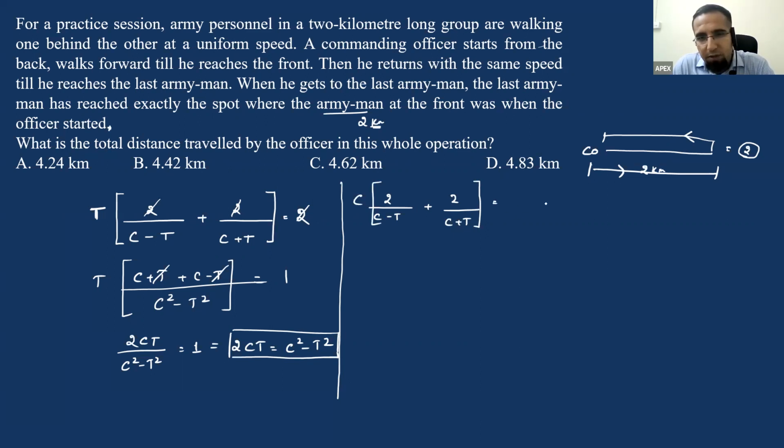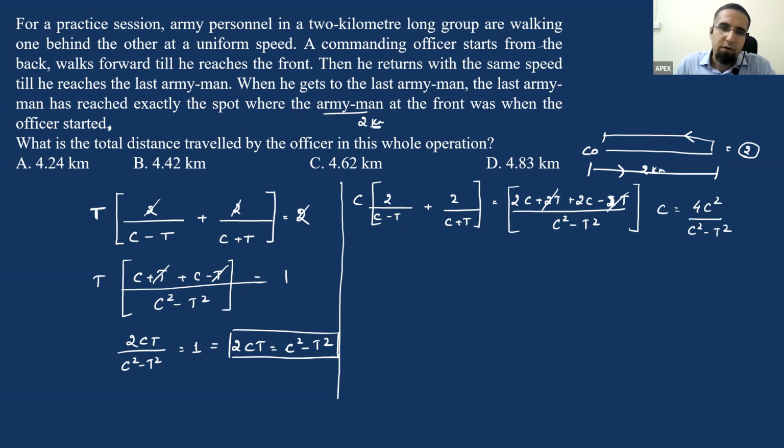We get (2c plus 2t plus 2c minus 2t) divided by (c square minus t square), whole into c. So 2t gets cancelled and you have 4c square. So we have 4c square divided by c square minus t square. So c square minus t square can be represented as 2ct. So we have 4c square divided by 2ct. c gets cancelled, 2 ones are 2, twos are. So all that we need to calculate is 2c by t.